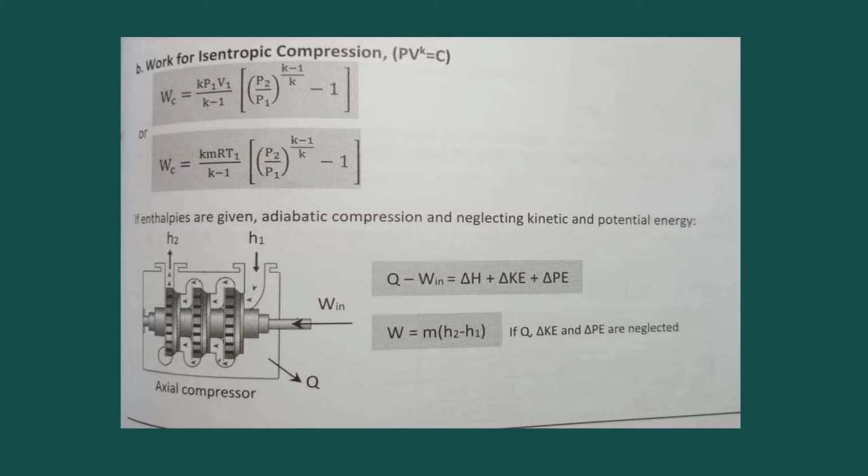If enthalpies are given, adiabatic compression and neglecting kinetic and potential energy, the heat minus work in is equal to change of enthalpy plus change of kinetic energy plus change of potential energy, and work is equal to mass times H2 minus H1.